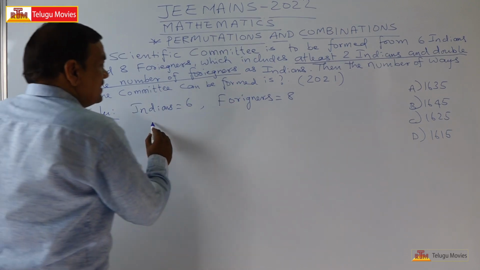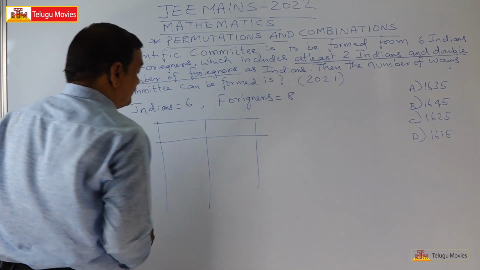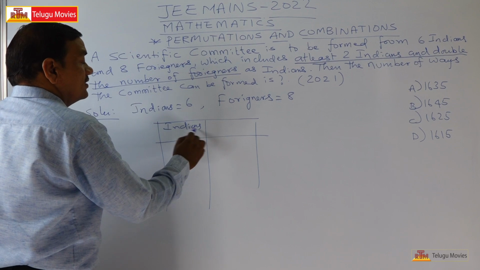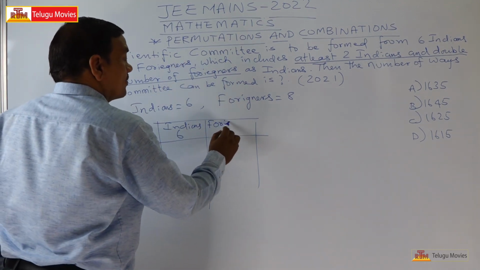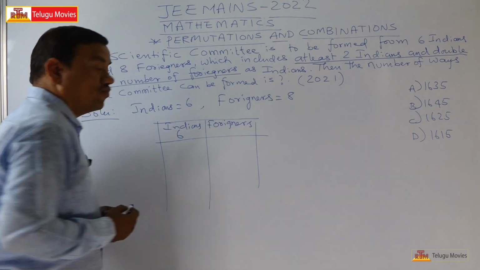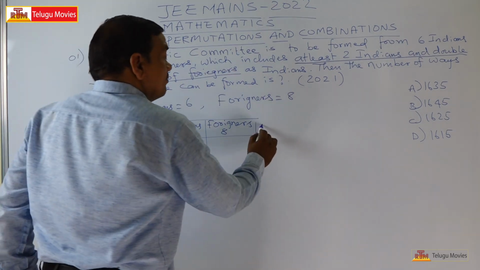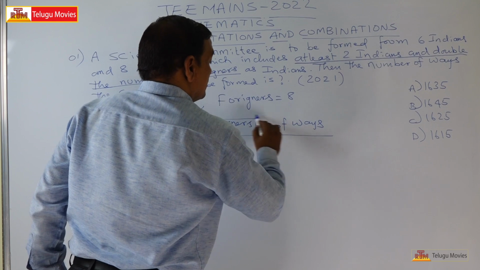Let me take a tabular form: Indians, there are 6; foreigners, there are 8 members; and the number of ways.